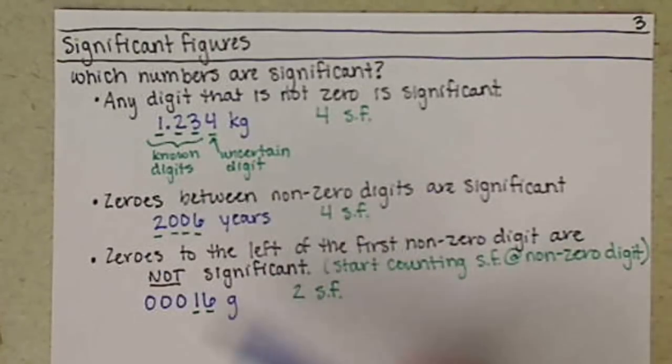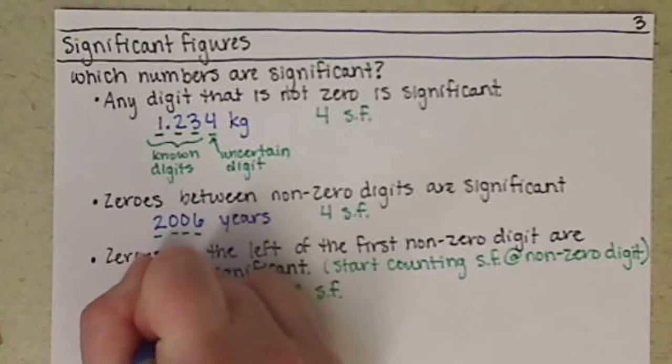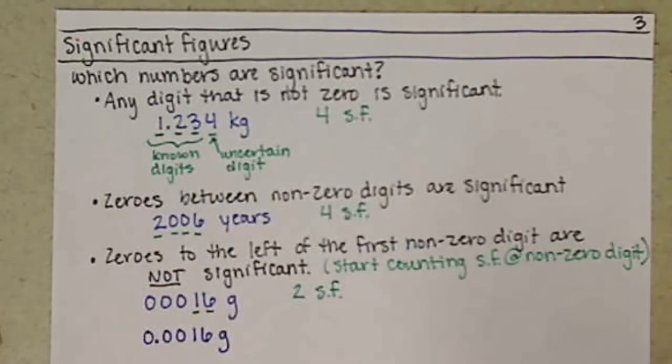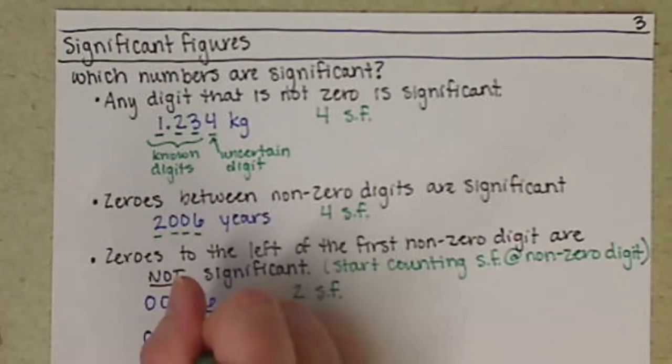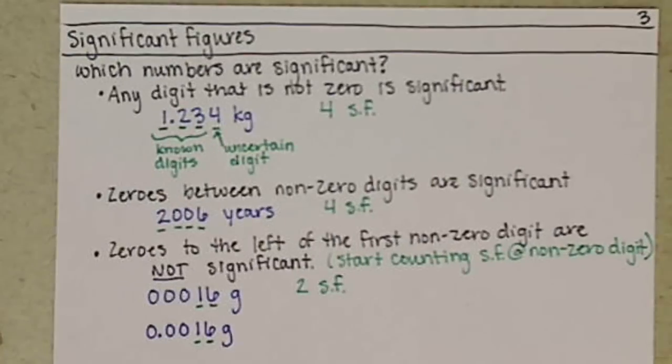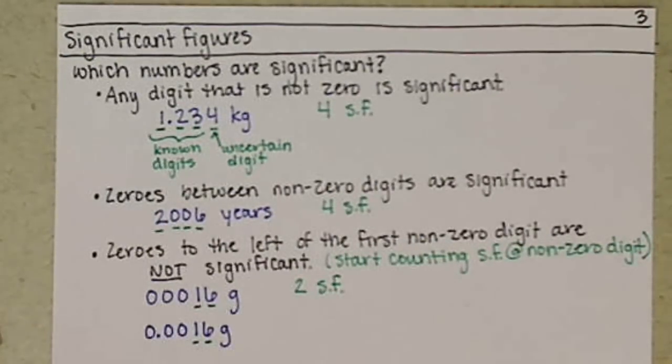All right, let's say instead of 16 grams, we had a very small number of grams, say 0.0016 grams. Now, it's fairly obvious from our first rule that the 1 and the 6 are still significant. No arguments there. The zeros out in front are not significant.